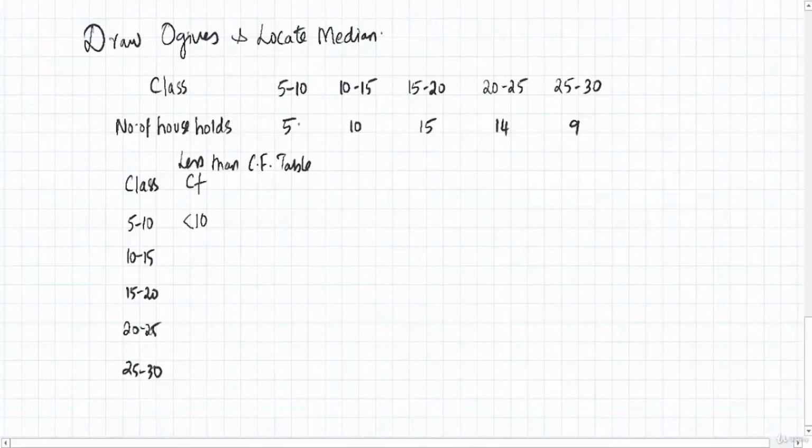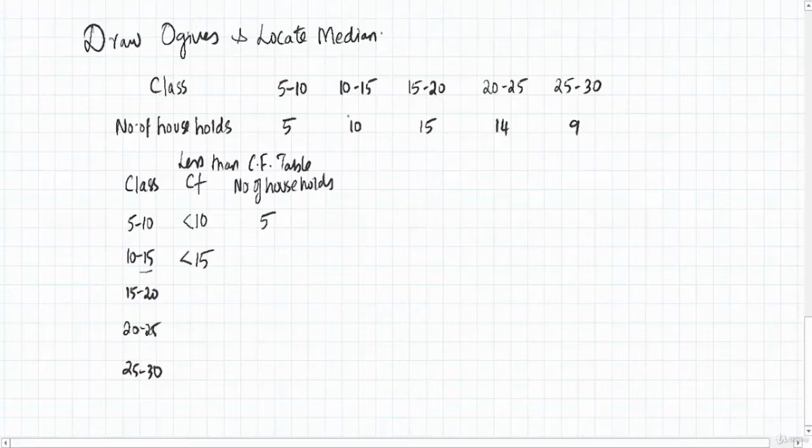So how many households are less than 10? Here I'll write that the number of households which are less than 10 are only 5. Then the next cumulative frequency is going to be less than 15. How many households are less than 15? When I say less than 15, it also includes less than 10.